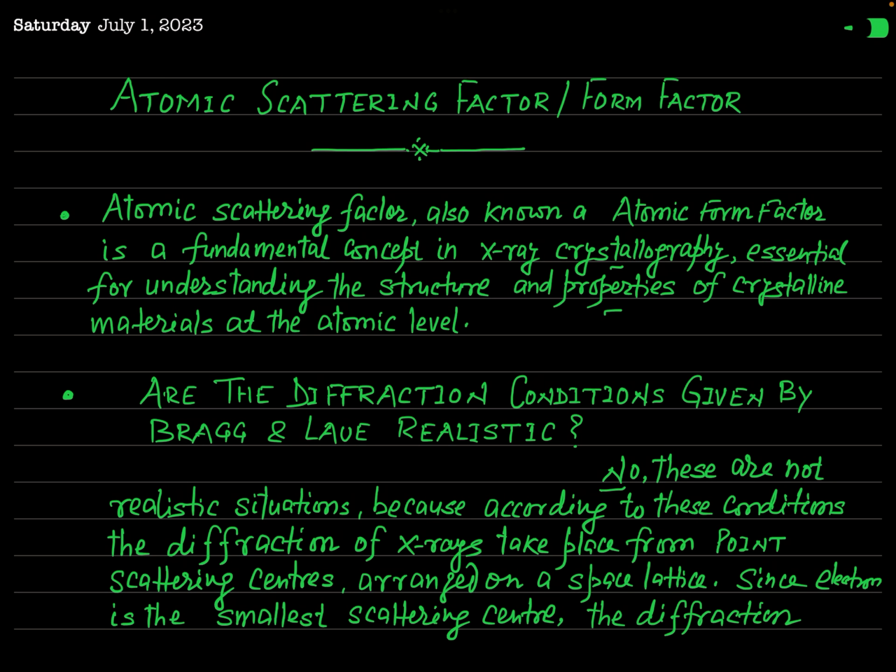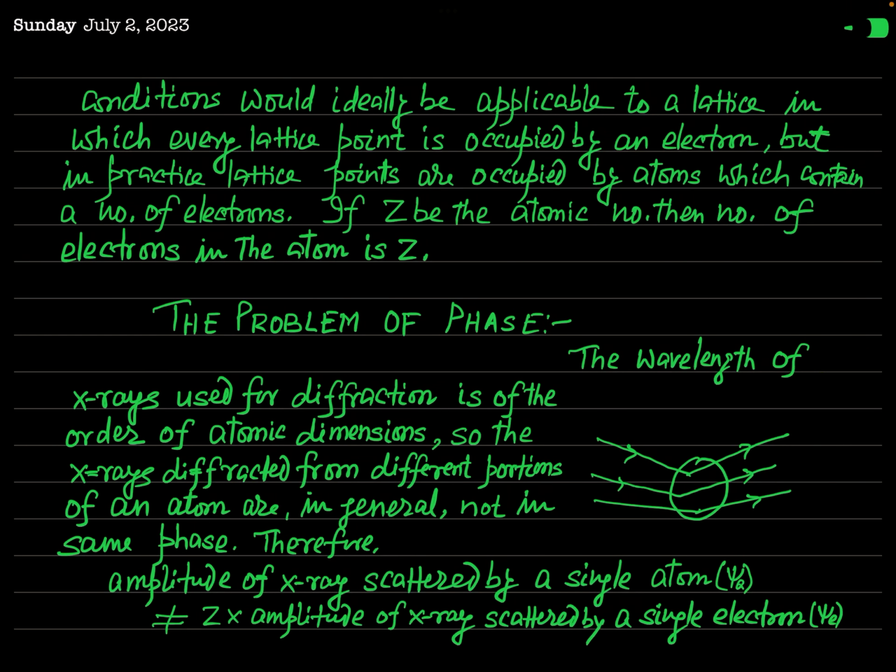So I have written here, you can see that these diffraction conditions mentioned in Bragg and Laue treatment are not realistic. These are not realistic situations, because according to these conditions, the diffraction of X-rays takes place from point scattering centers around a space lattice. And since electron is the smallest scattering center, the diffraction conditions would ideally be applicable to a lattice in which every lattice point is occupied by an electron.